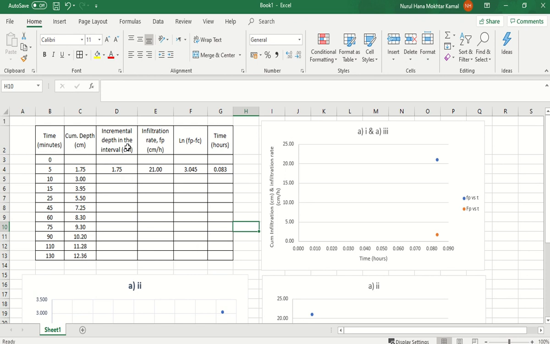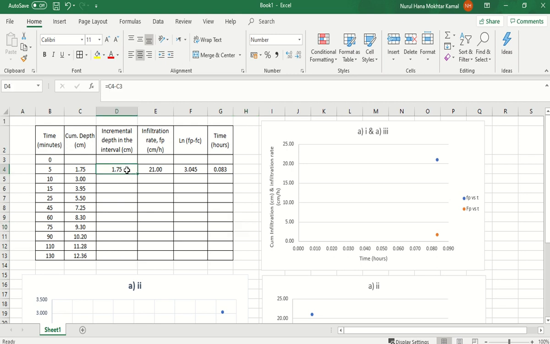To get the rate for each incremental time, you have to do the calculation between the differences in this interval.